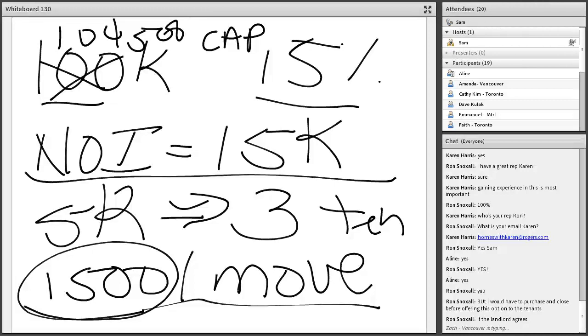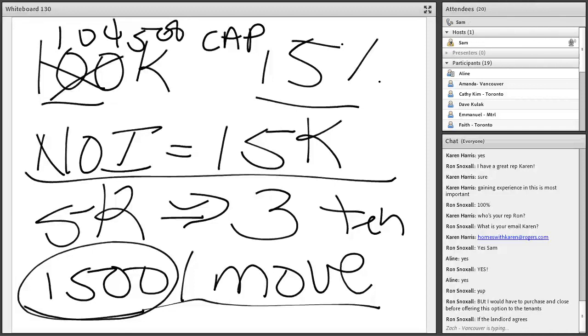There's lots of ways we can do this. The landlord could approach them and offer them that value. So $1,500 each, and we'll pay them the $104,500. We could supply that cash. There's tons of ways we could do that, but that would all be in our contract and agreement.